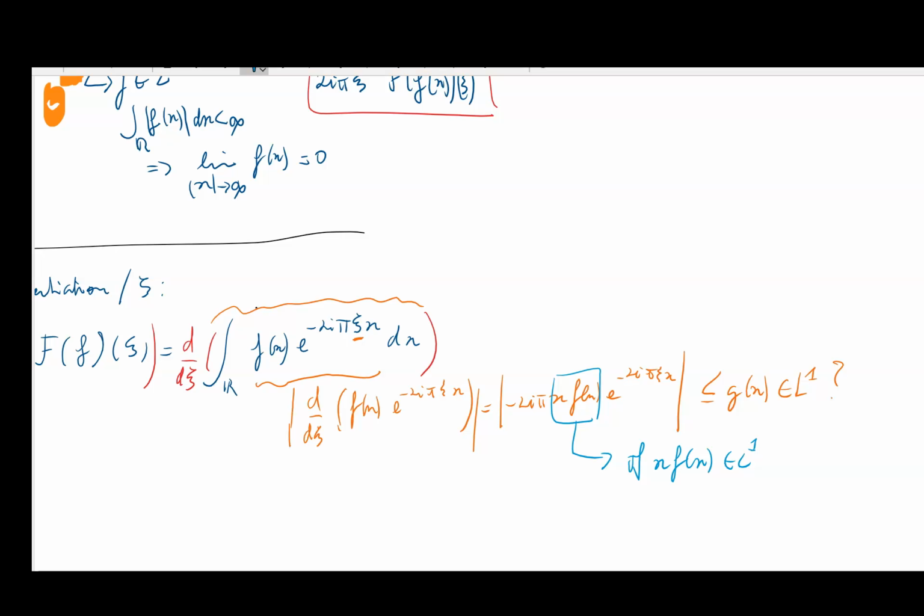In terms of modulus, that's going to be smaller. Well, the exponential is equal to 1, psi is just a parameter, and I just need x f of x to be in L1.